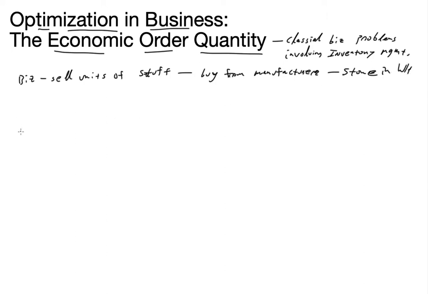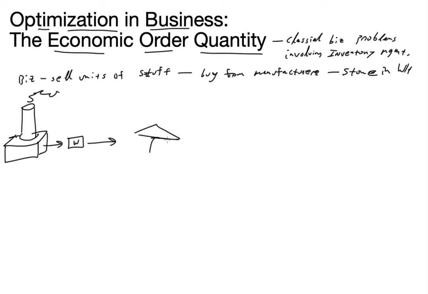And so the idea here is maybe there's some factory, there's a smokestack. I'm just kind of drawing a little silly picture here. And they make widgets. Okay, so you come out and you get a widget and it goes into your warehouse right here. There's the warehouse doors. And it goes in there. And inside your warehouse, you've got pallets and pallets of widgets.